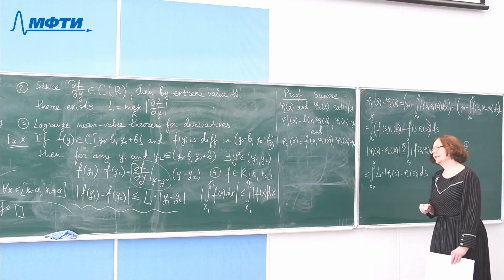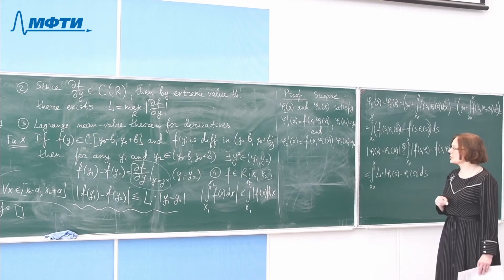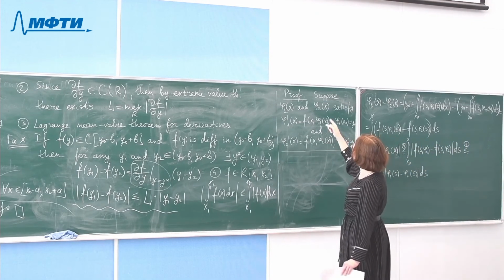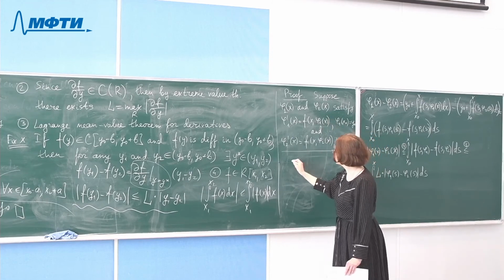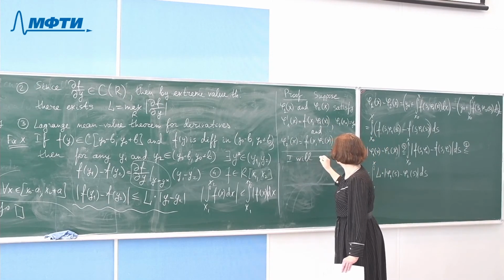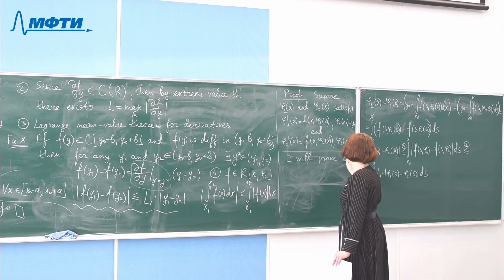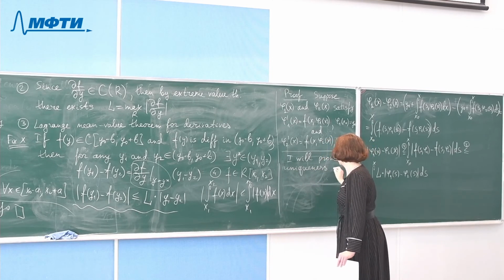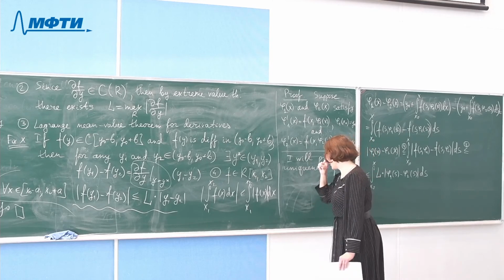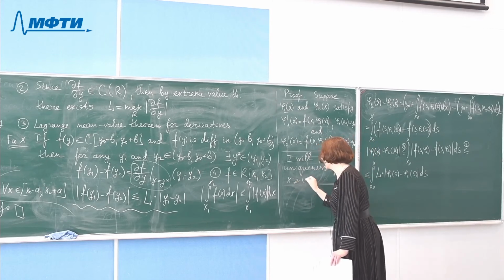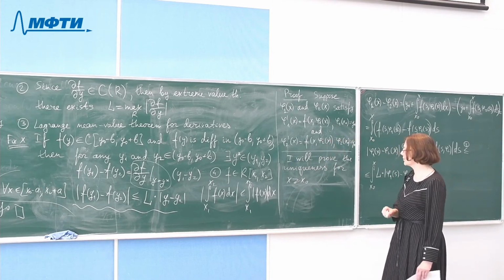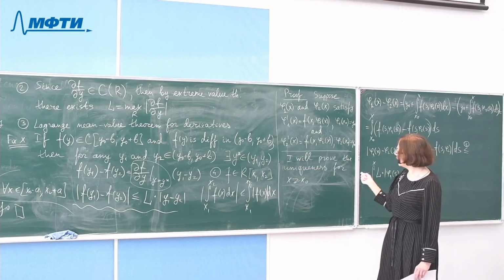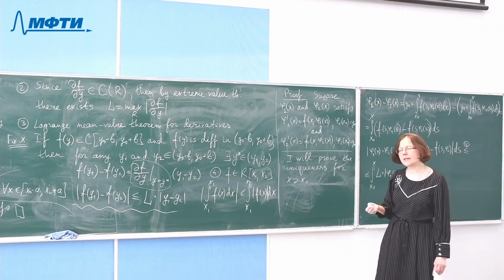Now, okay, so for simplicity, in my proof, I will prove the uniqueness for x which is greater than or equal to x0. And I will choose h a little bit later.